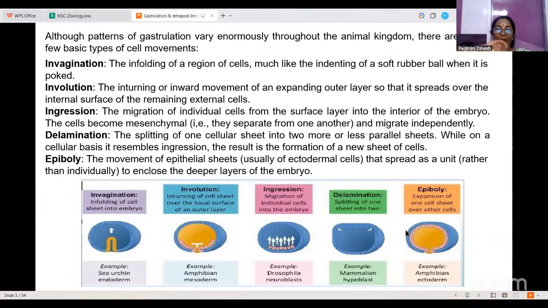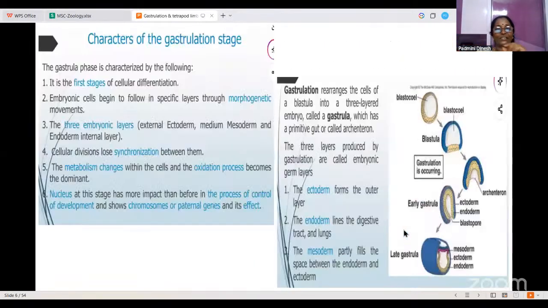Covering the whole embryo is called epiboly. So these are the patterns. Now you'll have to remember when I'm saying invagination, and involution of the cells, how they take a U-turn, and ingression, how they separate, delamination, how the two layers are going to be formed, epiboly, how the cells are going to cover the embryo completely. So these are the patterns in which the cells are going to move from one place to another place.